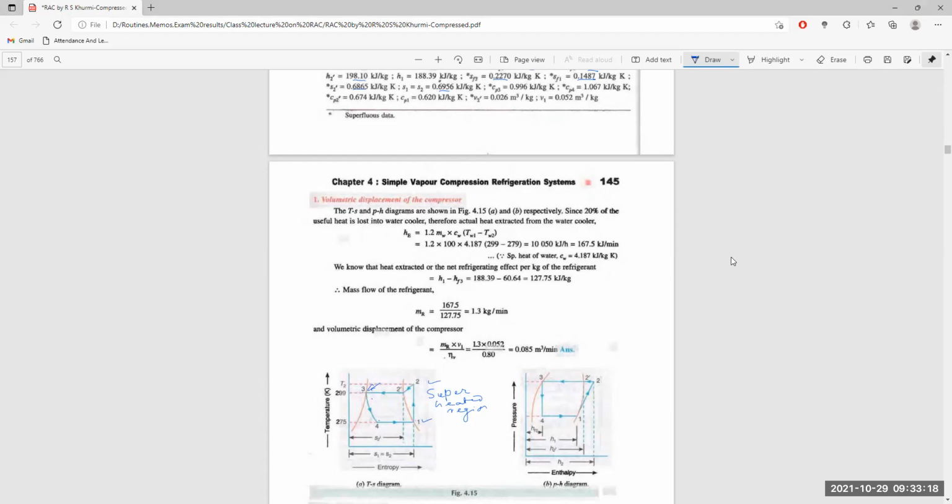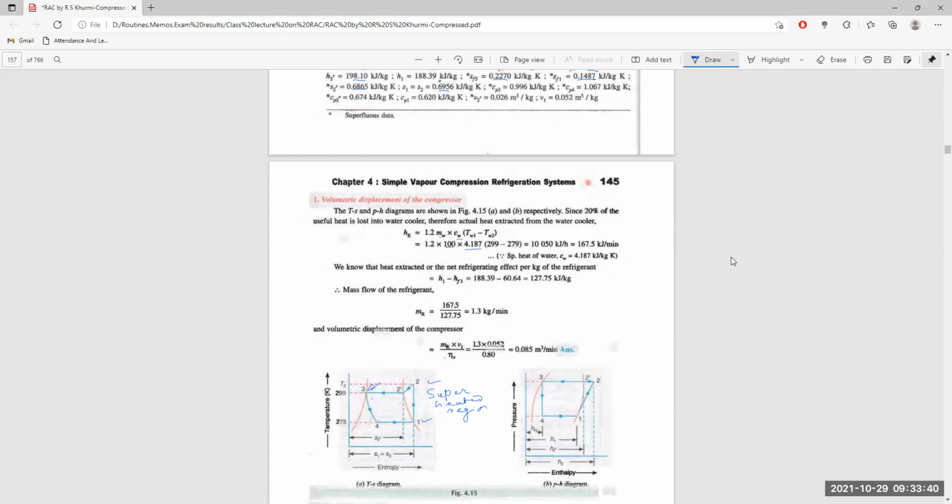The flow of water is given as 100 and CW, the specific heat of water, is 4.187 kilojoule per kg Kelvin. So it becomes 10,050 kilojoule, or 167.5 kilojoule per minute.